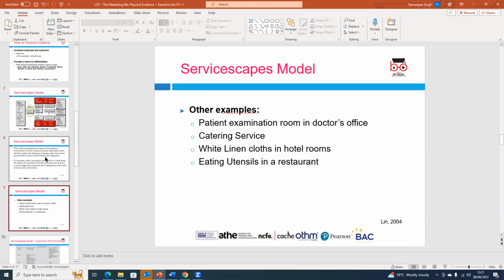Other examples: when you go to a hospital, how does the patient's examination room look? When you walk into a hospital and look at the reception, you may get the impression that the reception is bad and dirty. So what do you think the patient's rooms will look like?